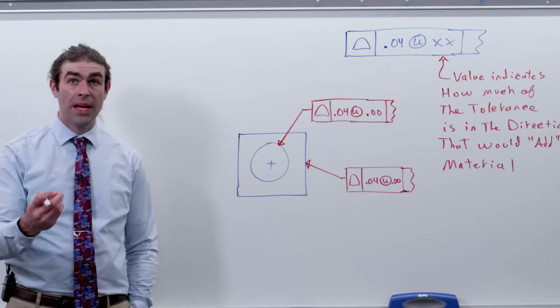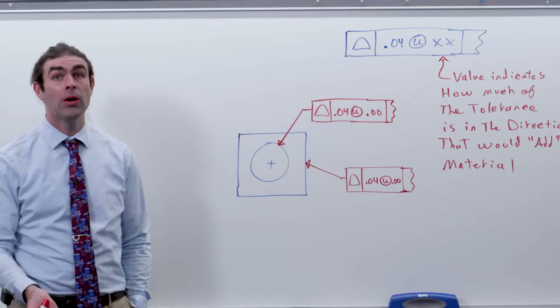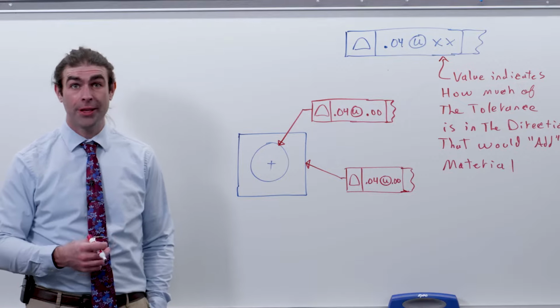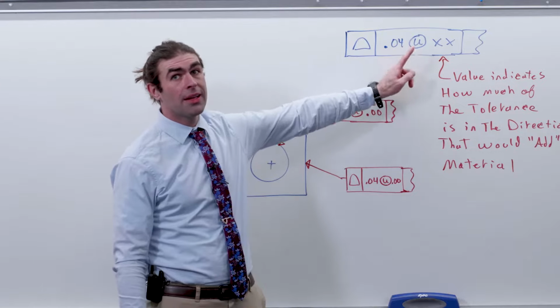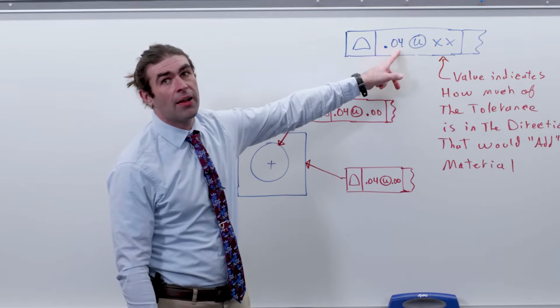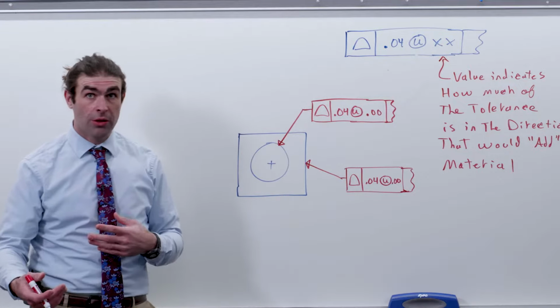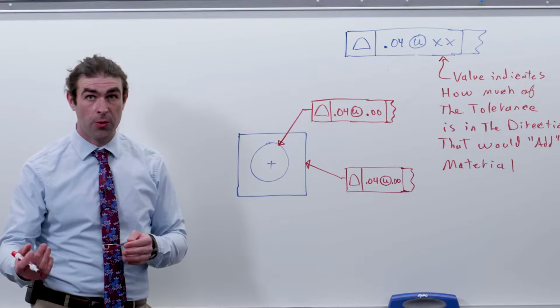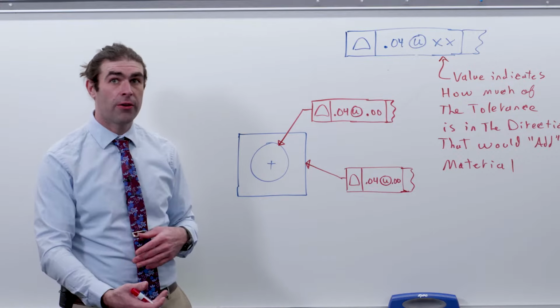The way we make a profile tolerance either unilateral or bilateral unequal is by using the unequally disposed symbol, which is a U with a circle around it that goes to the right of the tolerance value. On the other side of the unequally disposed symbol is going to be a value, anywhere between 0 and the full tolerance value.